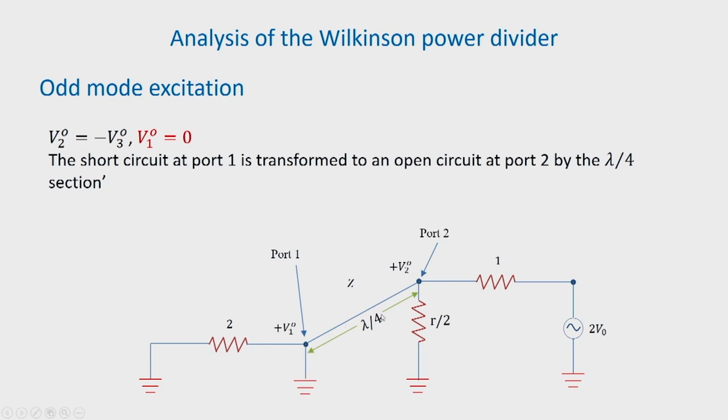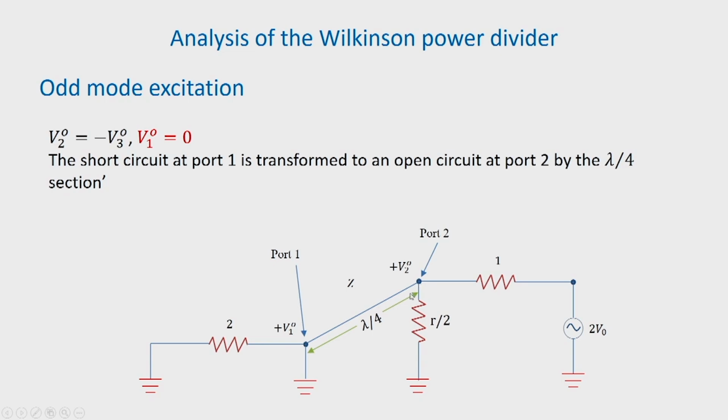So, we have essentially a transmission line with Z is equal to root 2 and it is short circuited, and therefore, it will get transformed to an open circuit at the location of port 2, and therefore, this entire part of the circuit will not contribute anything here.